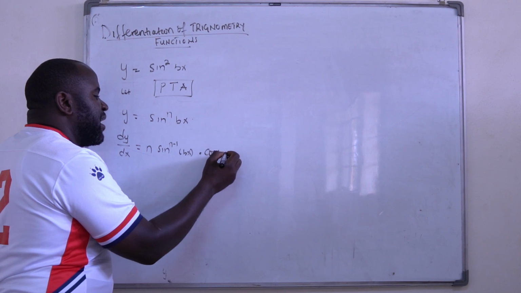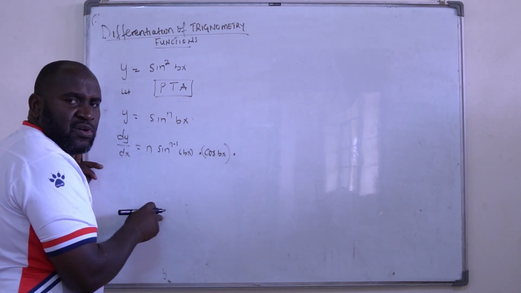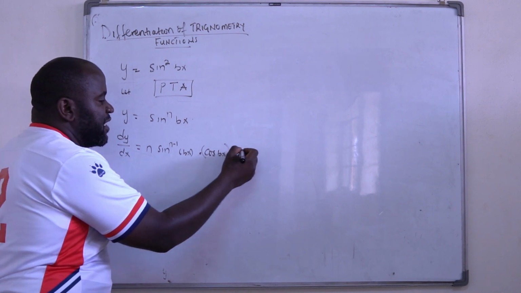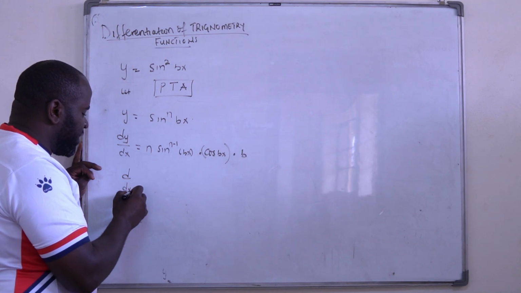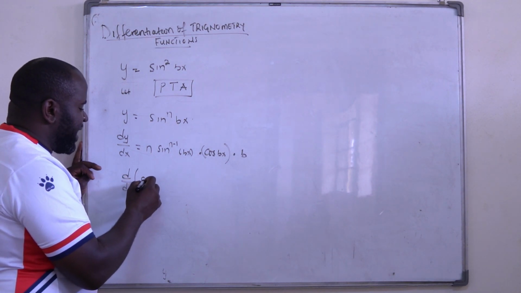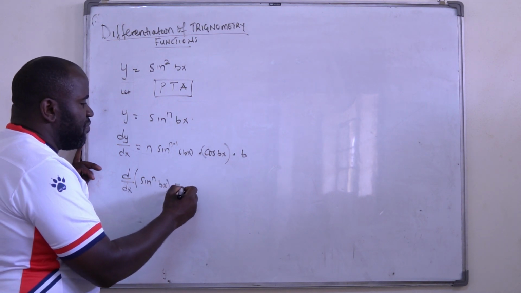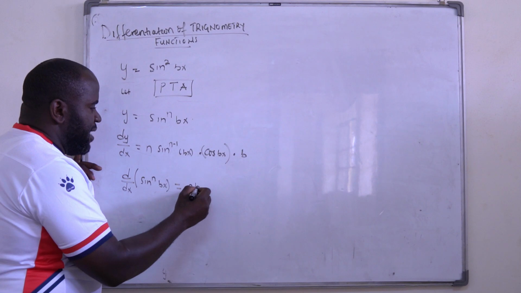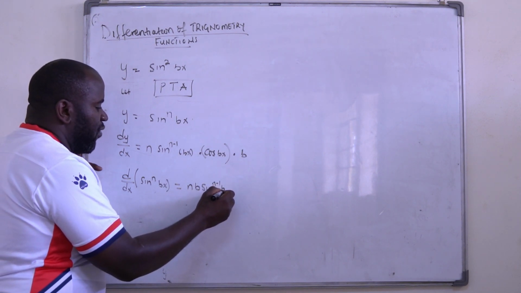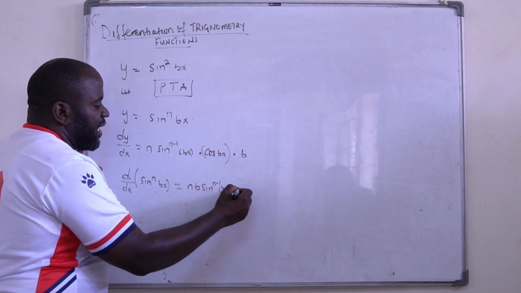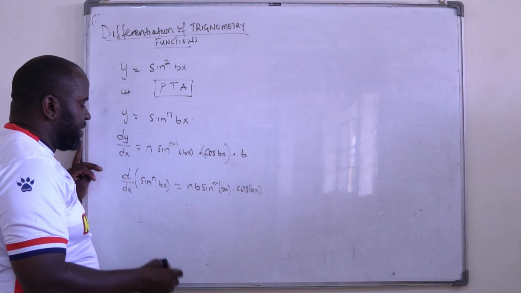Cos of the same angle, times the derivative of the angle. When I differentiate bx, I'll get b. In actual sense, the derivative with respect to x of sine to the n of bx is going to be equal to nb sine to the n minus 1 of bx times cosine of bx as the solution.